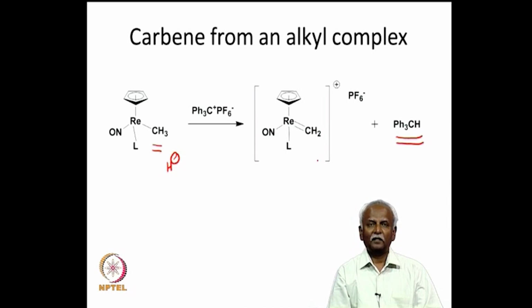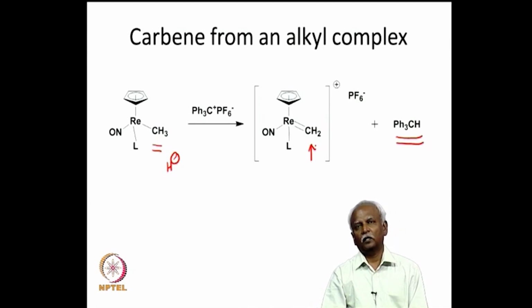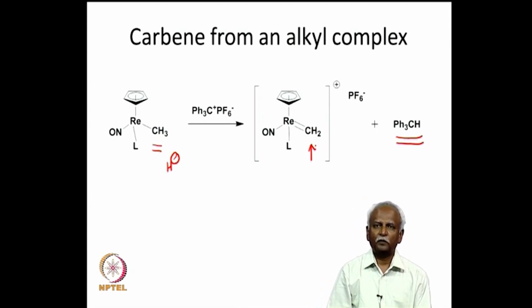Notice that in this particular instance, we do not have a heteroatom to stabilize this carbene carbon. So, this is a system which is called a Schrock carbene. Fischer carbenes are those carbene complexes which have got a heteroatom to stabilize the carbene carbon.